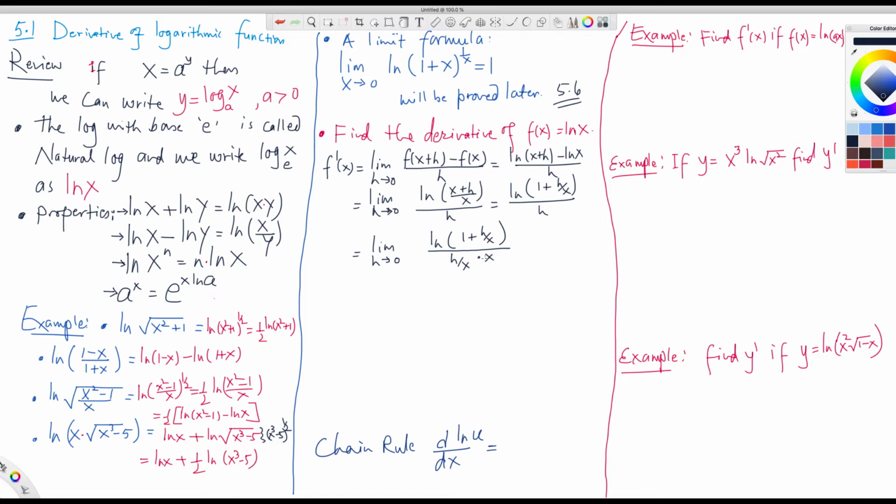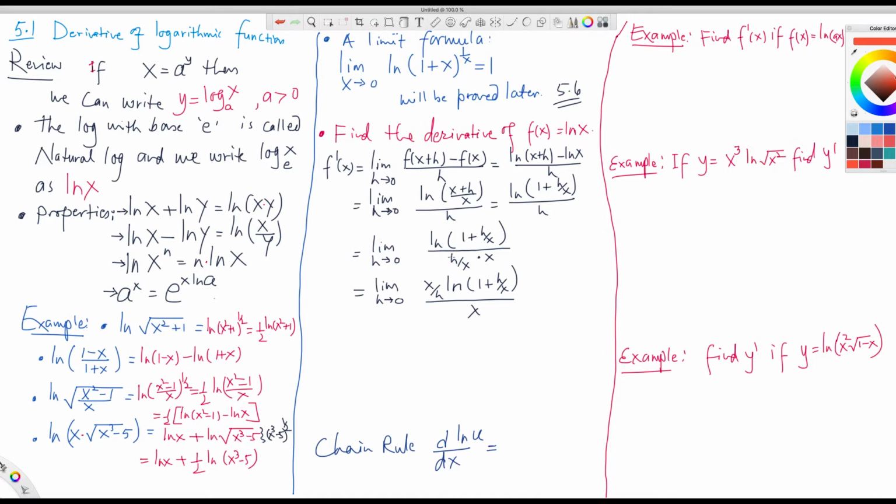So what I want to do next is write it this way. Limit as h tends to 0. Can I write this as x over h and then natural log of (1 plus h over x) divided by x? What did I do? Look at this. What is happening there is that there is natural log of x over h over x, right?